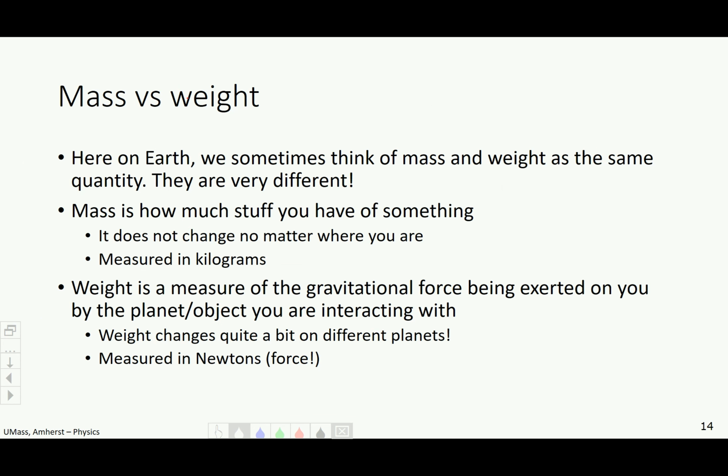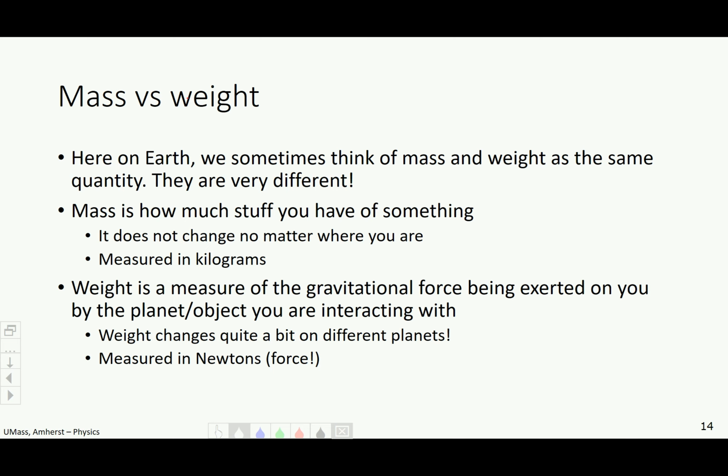So here's an important distinction that needs to be clarified: mass versus weight. Mass and weight are kind of thought of as the same thing, and they're absolutely not. When we talk about mass, it's how much you have of something. It doesn't change no matter where you are.